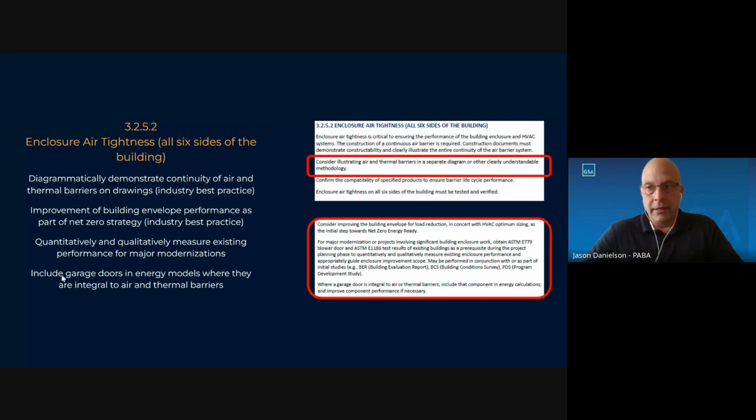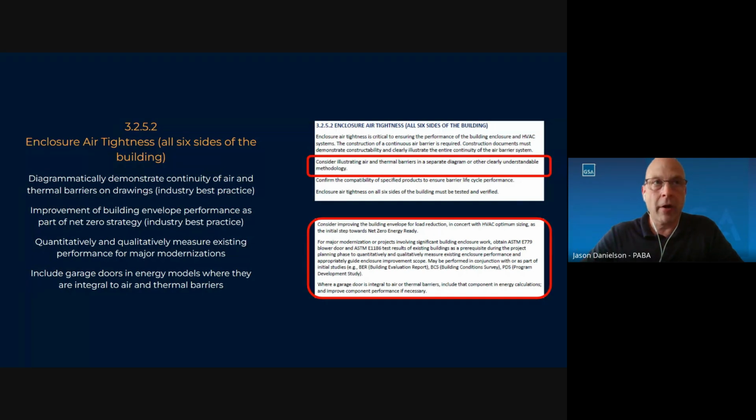And then the last thing is including garage doors in energy models where they are integral to air and thermal barriers. Think about basements of a courthouse, and whether that's active parking in the basement, and it really is determined by the security of that.